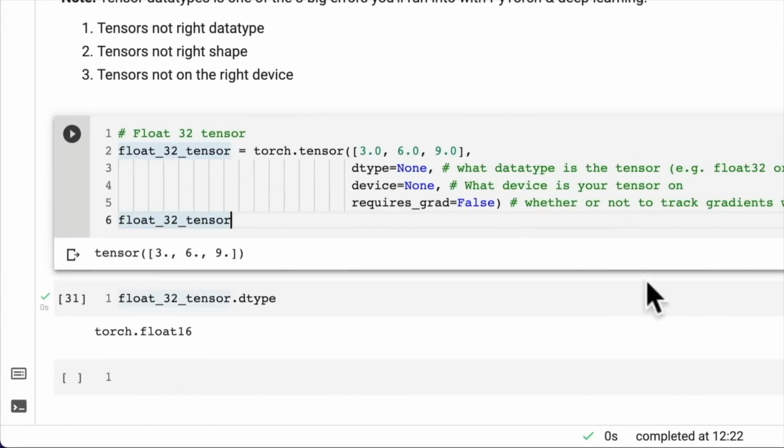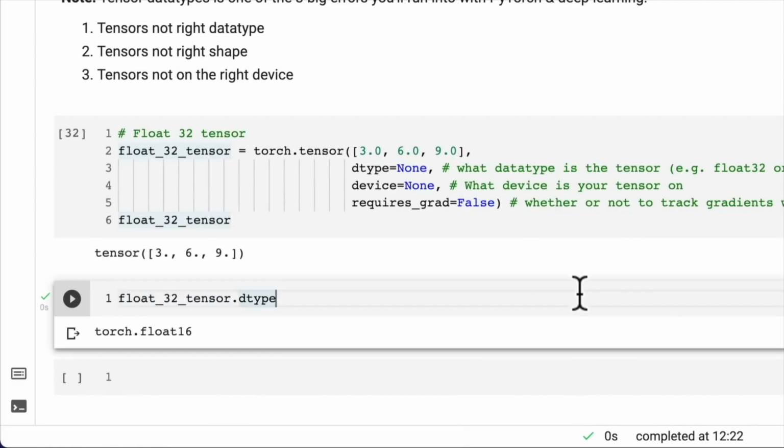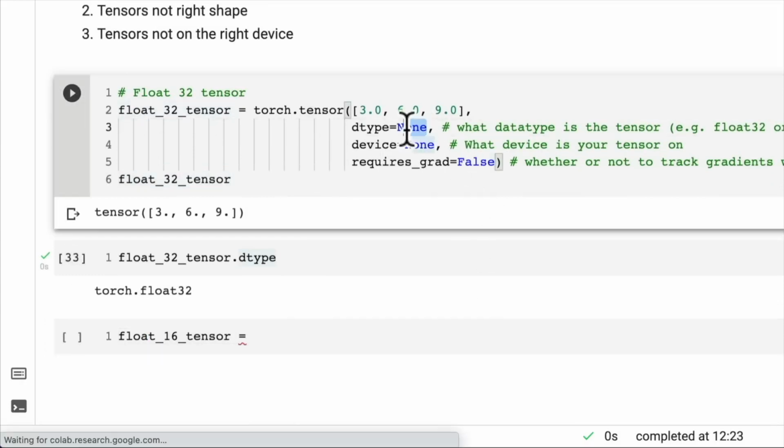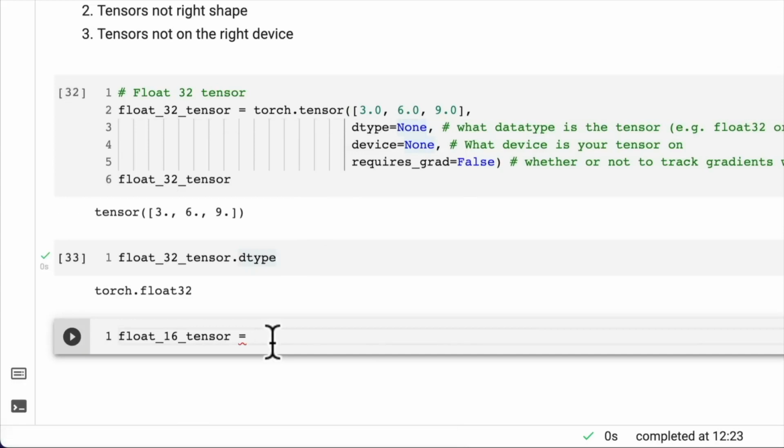So we have a float 32 tensor. Now, how might we change the tensor data type of this? Let's create a float 16 tensor. We saw that we could explicitly write in float 16 tensor, or we can just type in here float 16 tensor equals float 32 tensor dot type, and we're going to type in torch.float16. Why float 16?